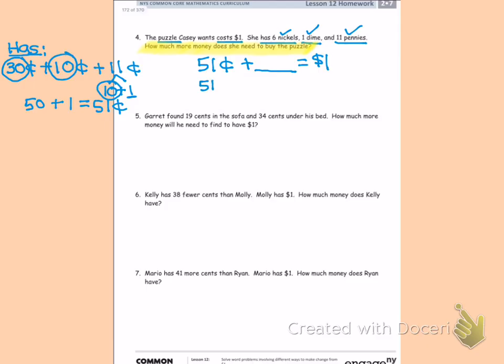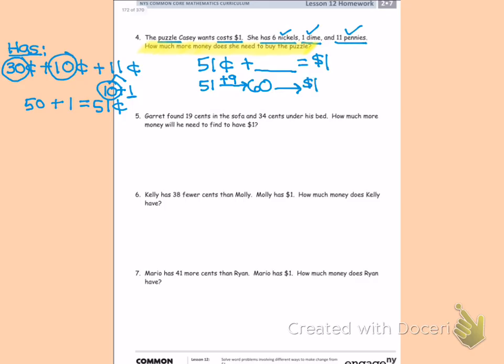I'll start with 51 and I'll add 9 more, because if I do that, then I'll get to the next 10, and that'll bring me to 60. Then I need to add some more in order to get to $1.